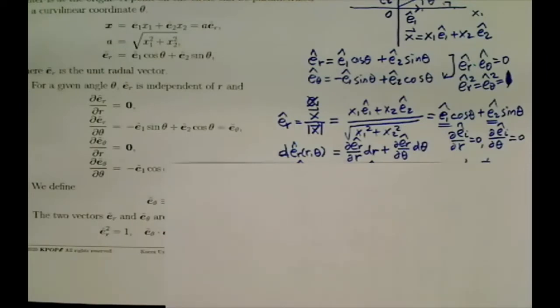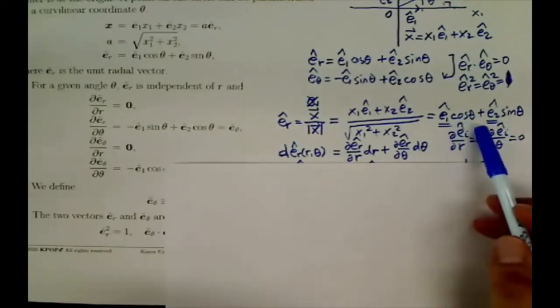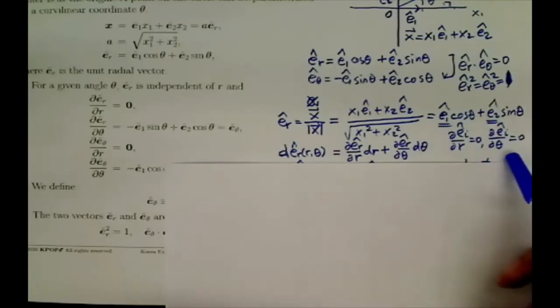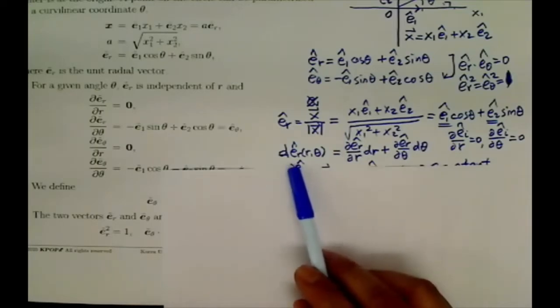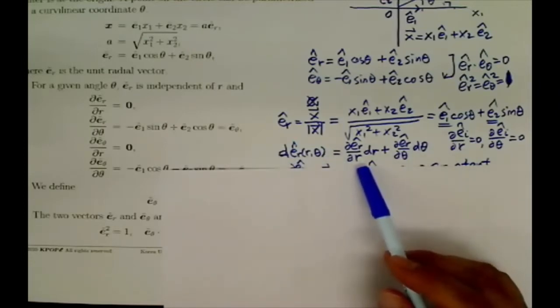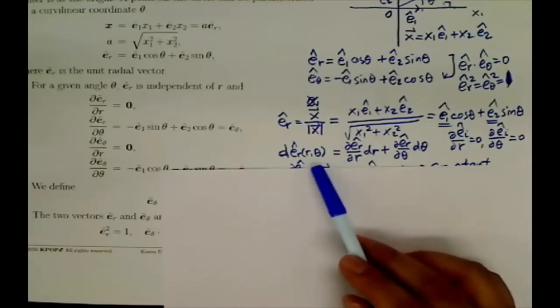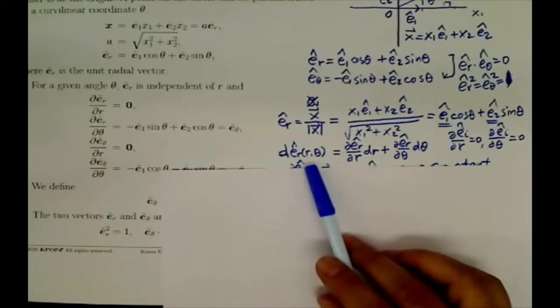So if I take the derivative with respect to either r or theta, they are all vanishing. So the total differential of e_r, by varying r and theta together, we can take the partial derivative with respect to all the variables. We have only two variables. This is two-dimensional space. We have two curvilinear coordinates, r and theta.